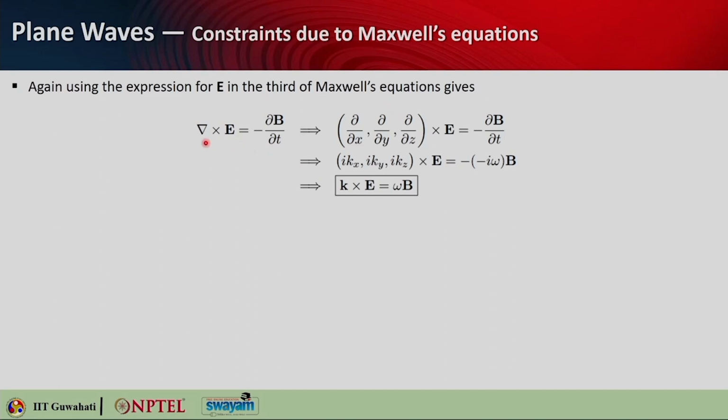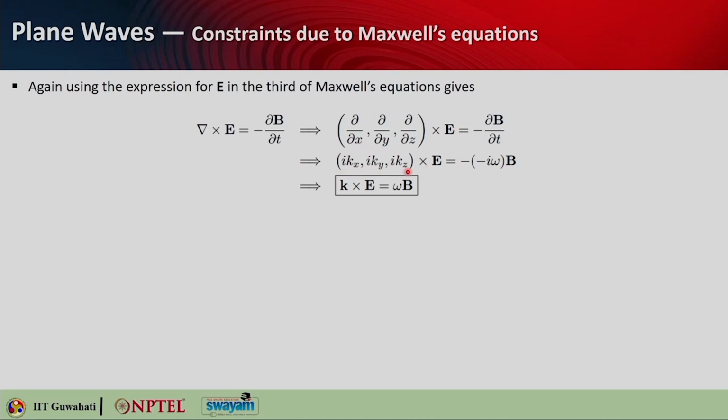So this is the third Maxwell's equation, where you have curl of E equals minus ∂B/∂t. Now curl can be written with the del vector as ∂x, ∂y, ∂z. You are doing a cross product with E, so that actually can be converted into this domain.